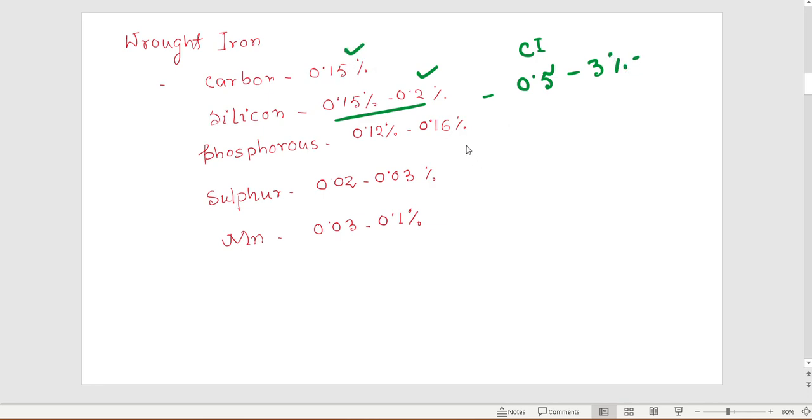Carbon is 0.15%. Sulfur for cast iron is less than 0.1%, but here 0.02%. Manganese is 0.1%, and phosphorus 0.12 to 0.16%.